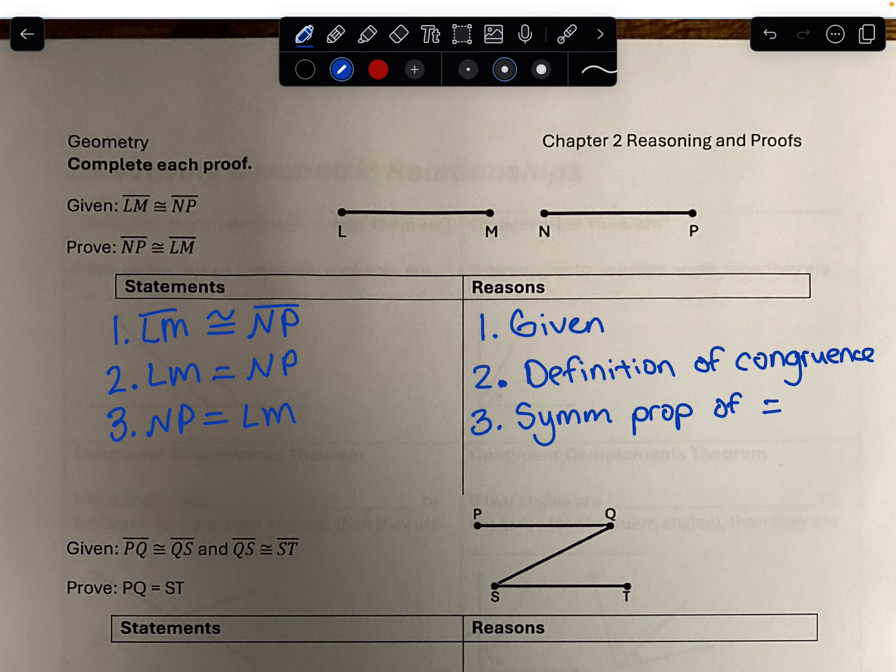Okay, then what would be my fourth step here? Yeah, so now I can say they're congruent. Segment NP is congruent to segment LM. Like David said, again, definition of congruence.